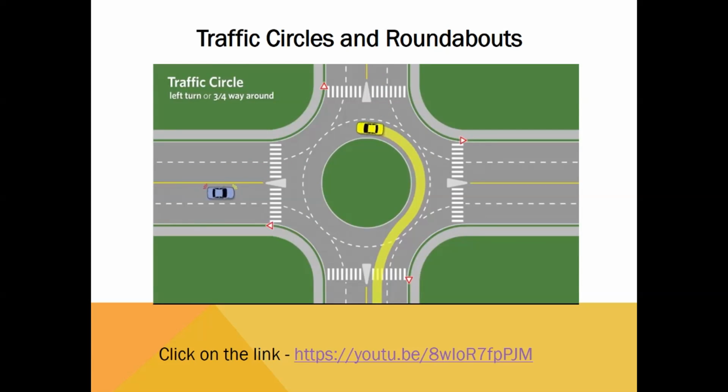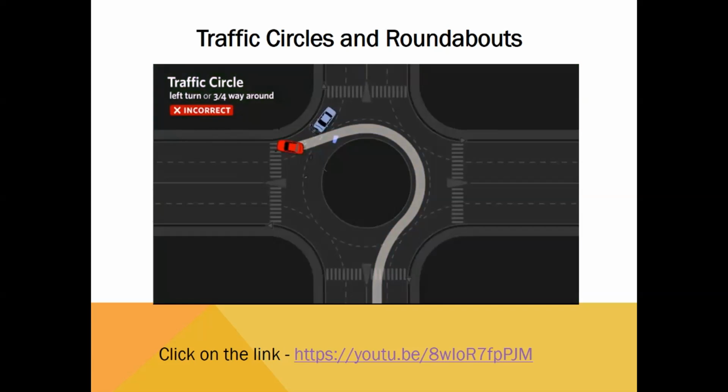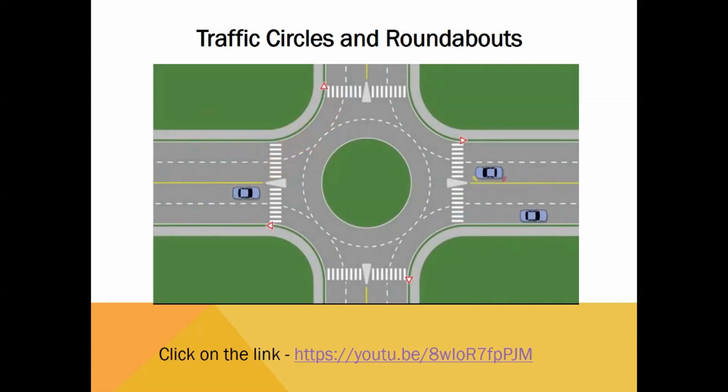This may result in cutting other vehicles off or causing a collision. For a 3/4 of the way around, the correct approach is to enter from the left or inside lane. Signal left, yield to pedestrians and traffic in the circle, and then proceed when safe. Exit by signaling right and staying in the left or inside lane.